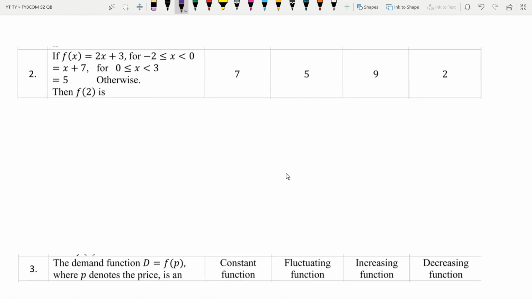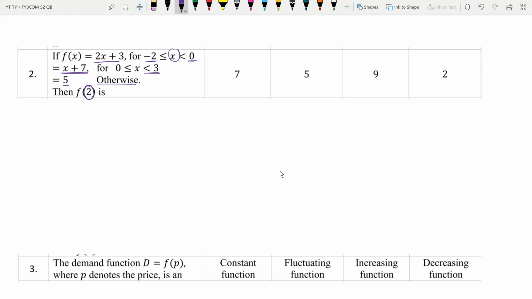Now in the second question, my function f of x is defined as 2x plus 3 if x lies between minus 2 and less than 0, the function is x plus 7 if x lies from 0 to less than 3, and otherwise the value of the function is 5. By using this, we are supposed to find f of 2.